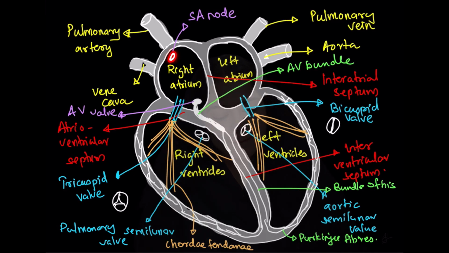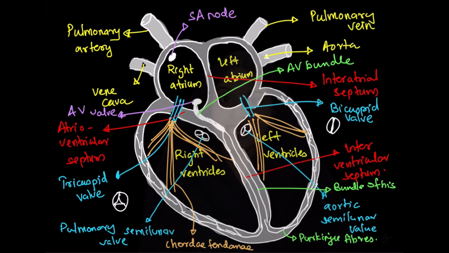Now, the upper right corner of the right atrium contains a nodal musculature called the SA node, which is capable of producing its own action potential, and this leads to the contraction of atrial muscles as well as the heart. There is another tissue present in the lower left corner of the right atrium called the atrioventricular node. This atrioventricular node receives signals from the SA node.